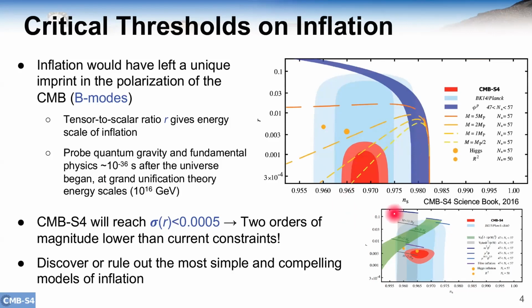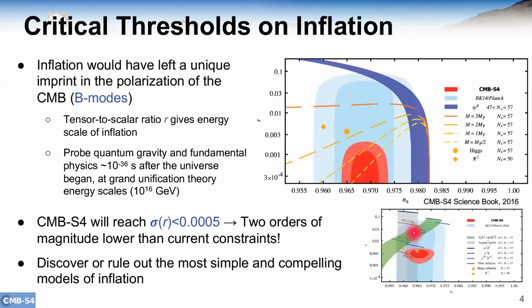A limit that one can get from CMB-S4 will then be down in this red region, much smaller than the current limits. And then, of course, we can also hope for an actual detection. And this bottom plot shows the ability that you have to actually zero in on a particular model of inflation. Here it's Higgs inflation and Starobinsky inflation in this region.